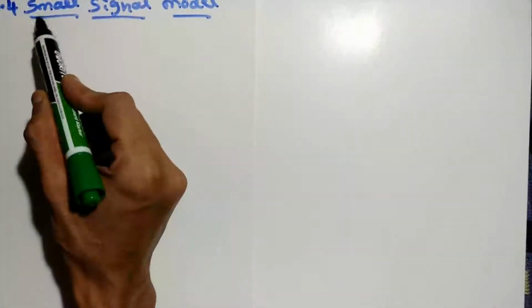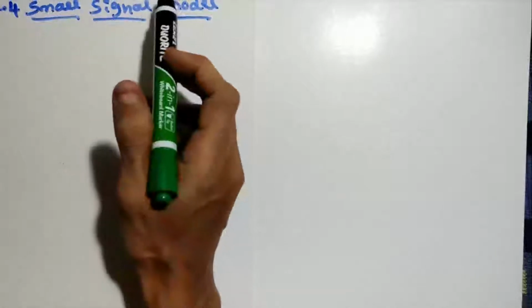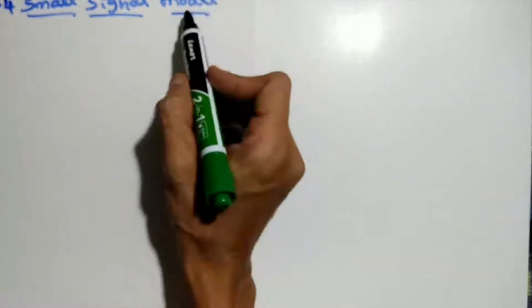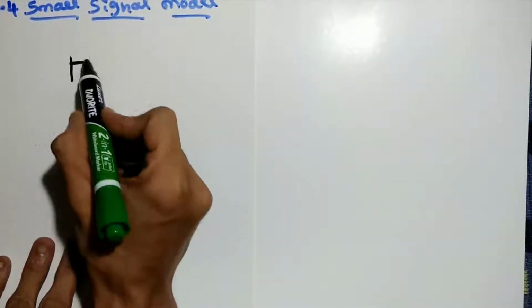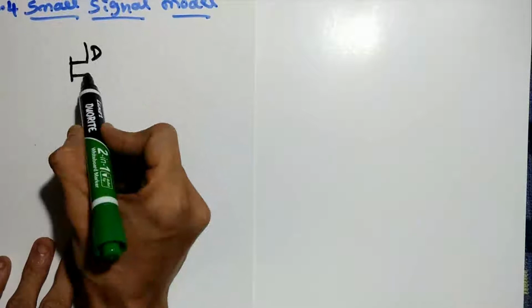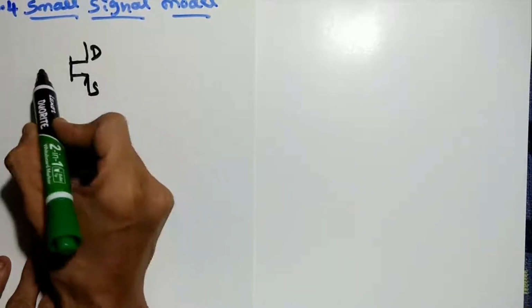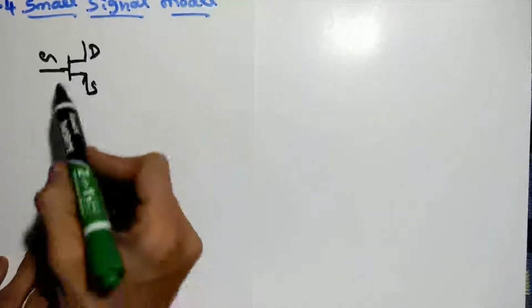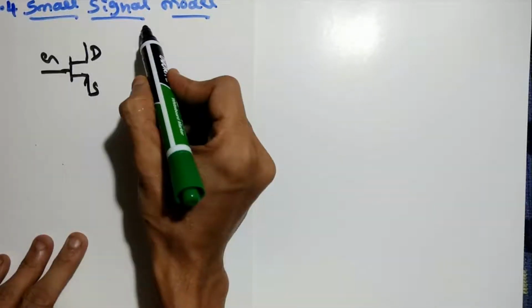Next we discuss the small signal model. Up to here we have discussed small signal operations. Now we are going to the small signal model. We know that if you are taking a MOSFET, we have drain, source and gate. As usual, here we are taking the common source configuration only.